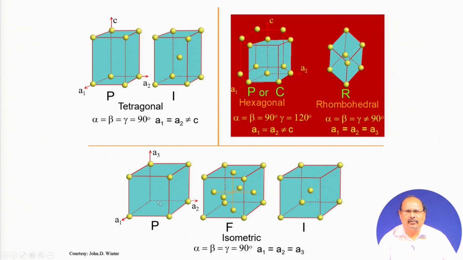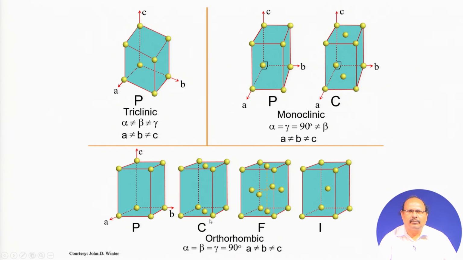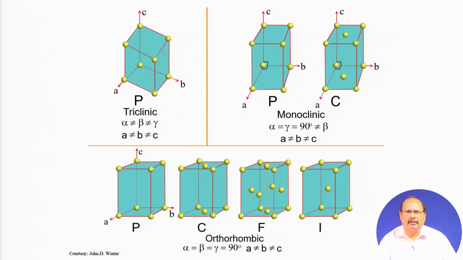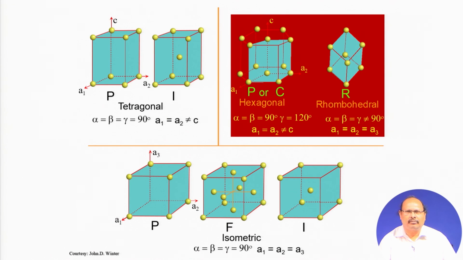So, with these varieties, we have seen 14 types of Bravais lattices, and these 14 Bravais lattices can be combined with 32 point groups of symmetry to generate a total of 230 space groups here.